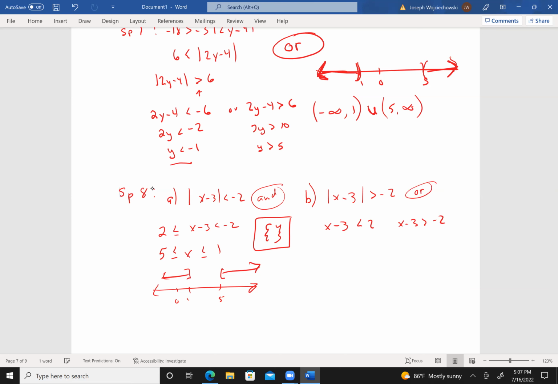All right. So let's look at, excuse me. So x is less than 5, or x is greater than, oops. Somewhere I messed up here.